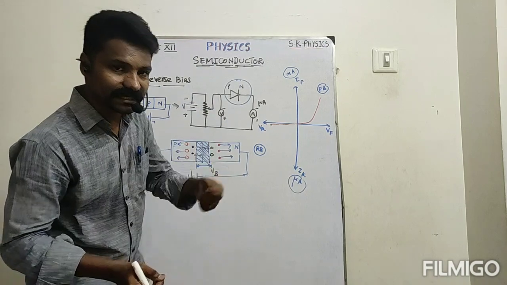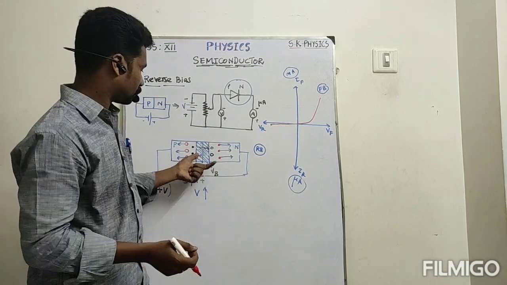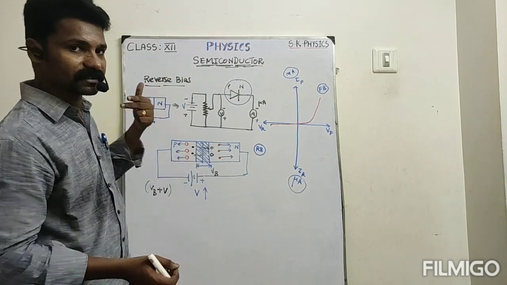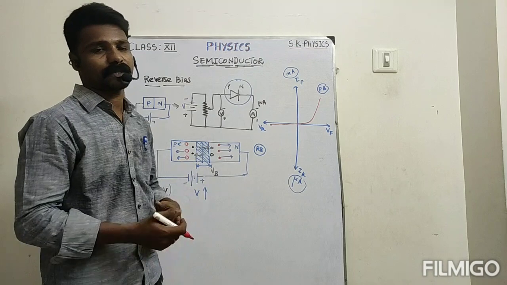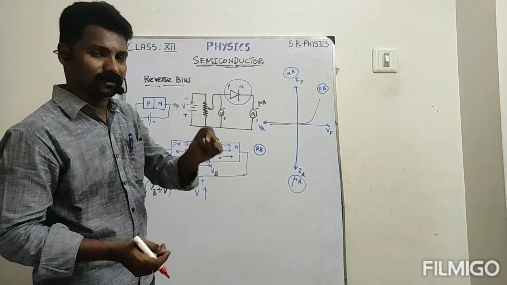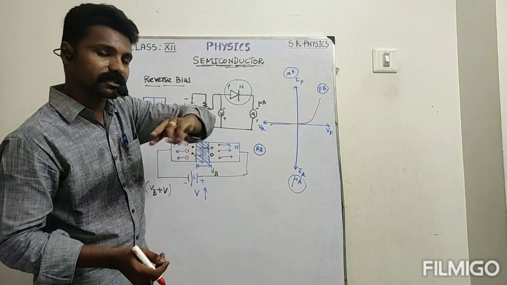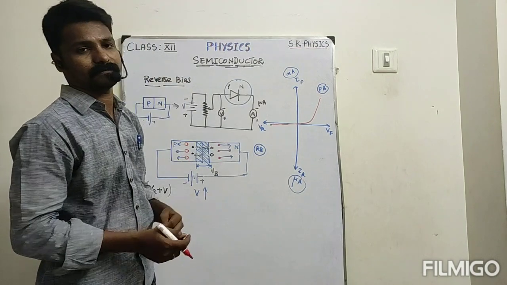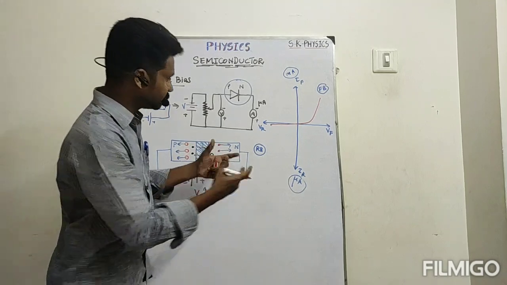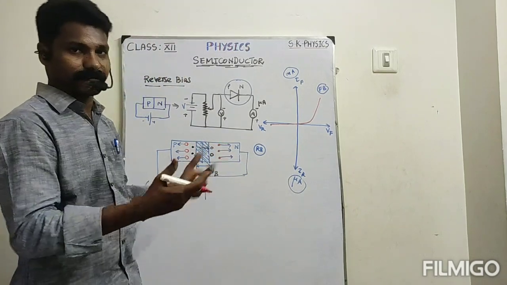Due to that, the kinetic energy of the minority charge carrier electrons is rising. So the electrons will be knocked out from the semiconductor diode, and it may become permanently damaged.